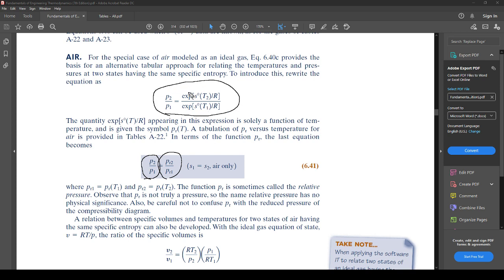And what they did was they replaced this whole part with another function. So you remember whenever I told you that u plus Pv kept showing up a lot in how they were determining tables? Similar here is that this showed up and they gave it a name, and what they gave it was pr. And we'll talk about how we use this in practice in just a second.